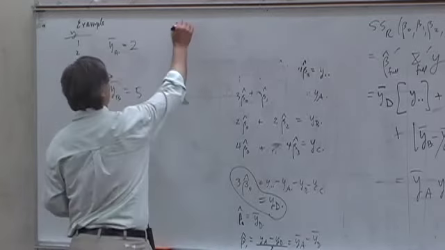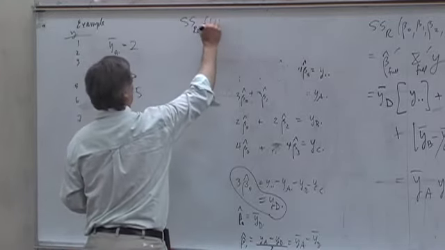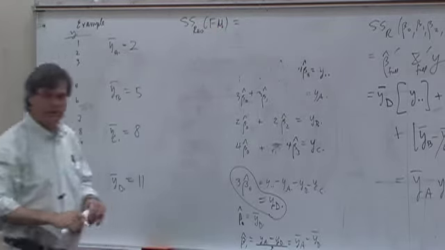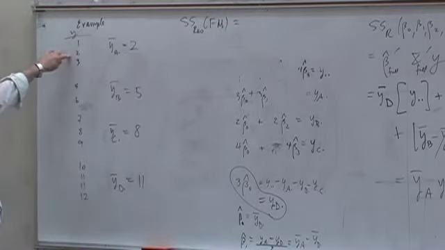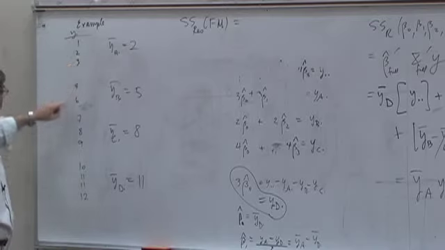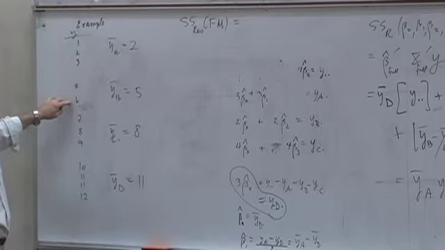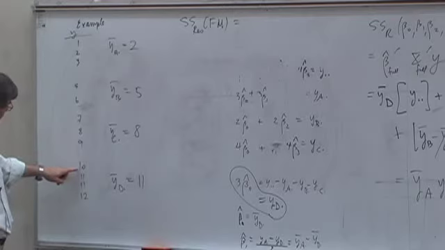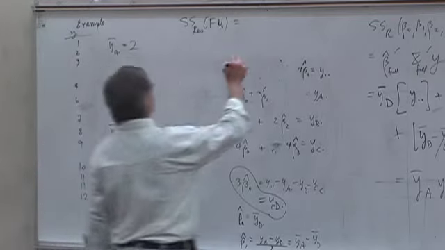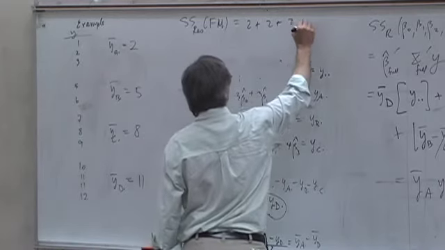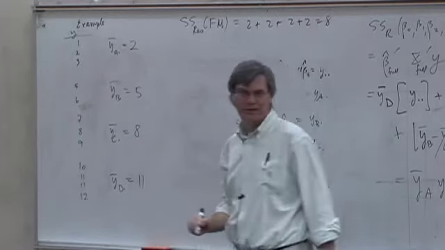What's the SS-Res full model? It's simple to get because I'm just taking the deviations from 2 in this first block. So that's 1 squared plus 0 squared plus 1 squared, that's 2. The deviations from 5 are 1 and 1, so those squares add up to 2. I get 2 also from this contribution, and I get 1 plus 0 plus 0 plus 1, again 2 from there. So SS-Res full model is 2 plus 2 plus 2 plus 2 equals 8.